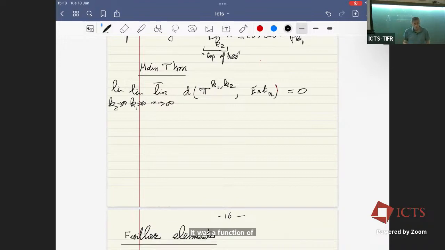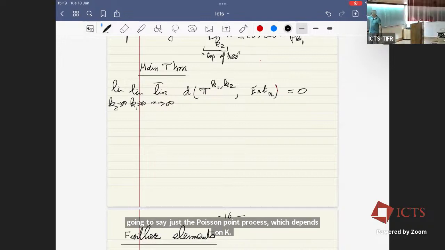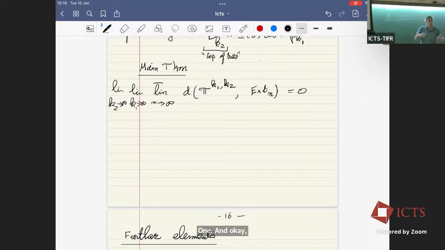So if you introduce a Poisson point process which has intensity related to dk2 times the intensity of this guy, that is what you're going to see at the end. You're going to see just a Poisson point process which depends on K1 and K2. And as K1 and K2 go to infinity, the convergence to the Poisson point process is getting better.